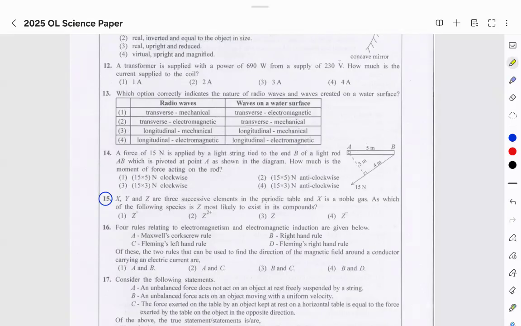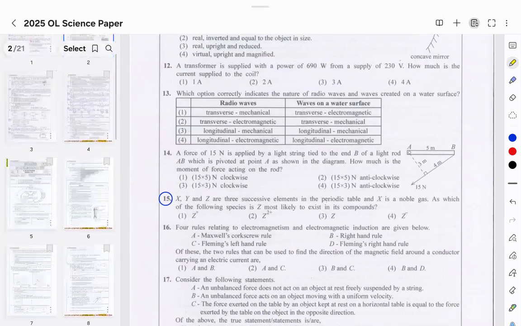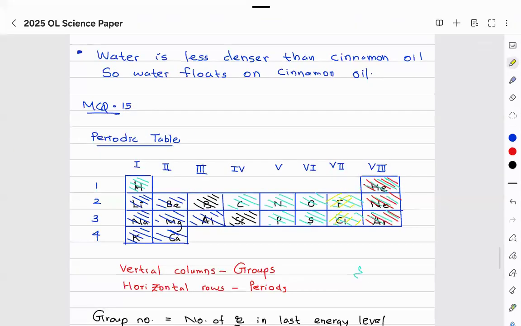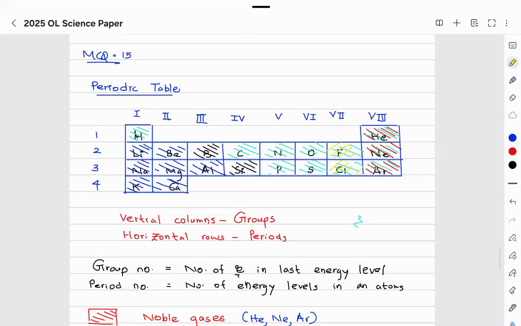Now, if X is a noble gas, then let's take neon. Neon is X. Then sodium is Y and magnesium is Z. Then magnesium is producing what? Magnesium 2 plus.